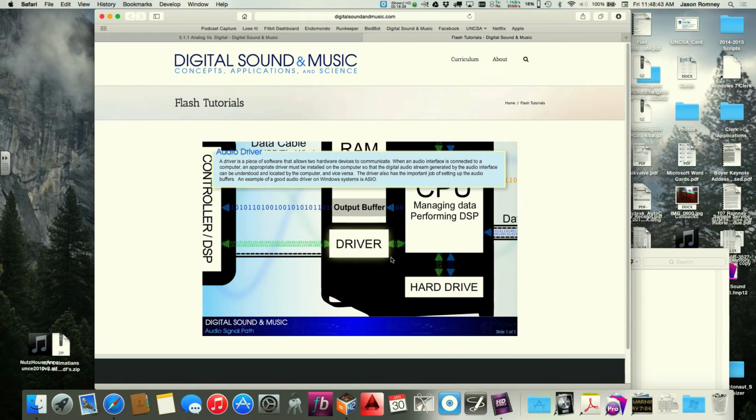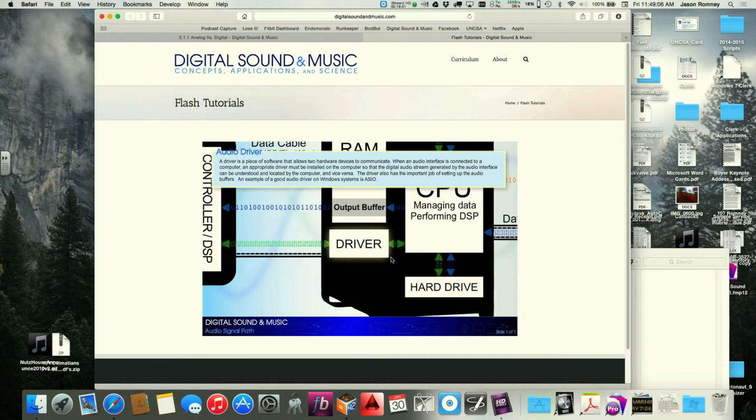And so what that means for you, the end user, is you ultimately have to get that driver, right? You have to download that Core Audio driver or that DirectX driver or that ASIO driver for your interface so that it can talk to that system, and then the operating system takes over figuring out how to get the computer to talk to it. Okay?